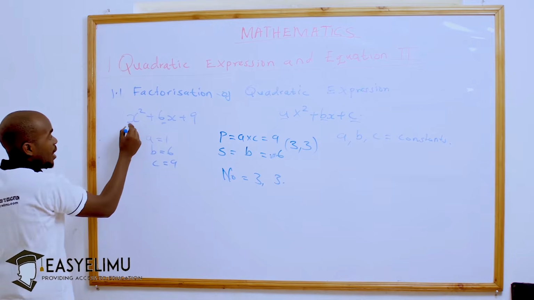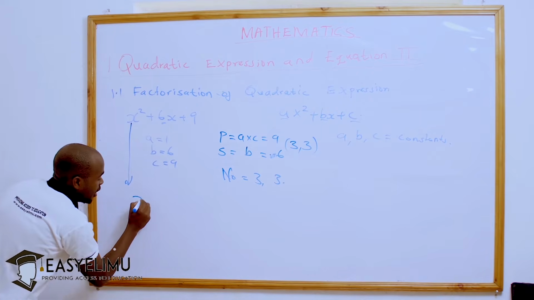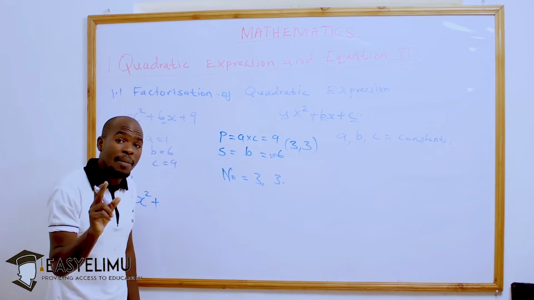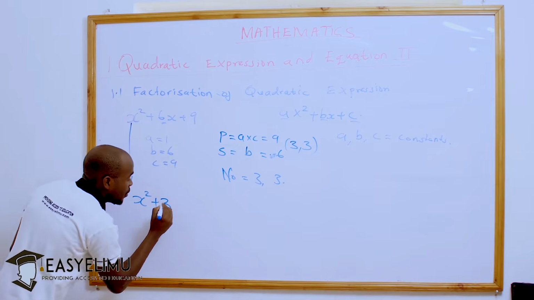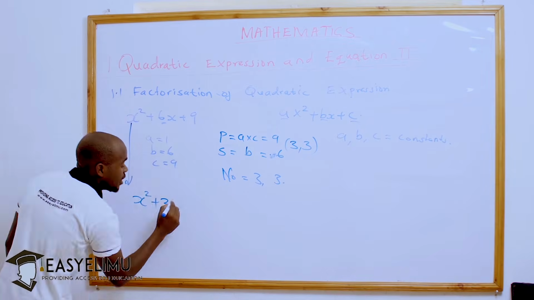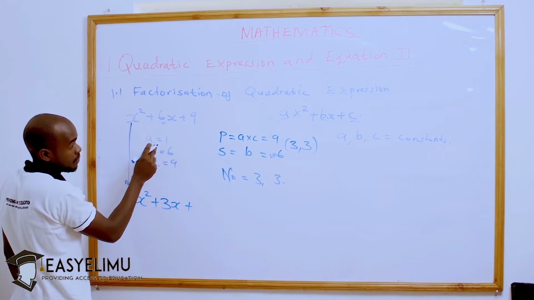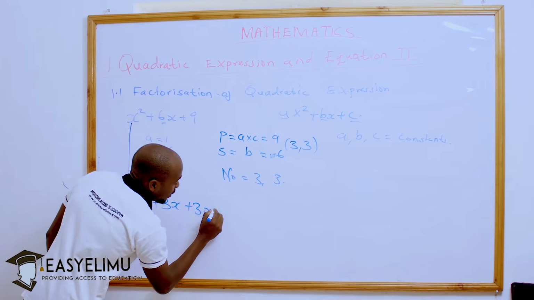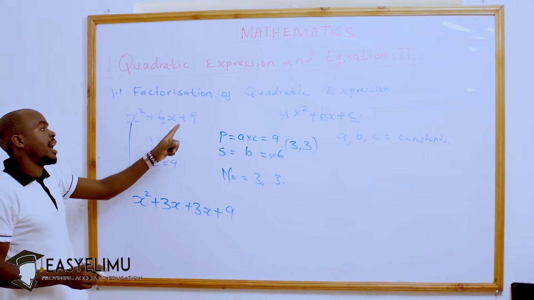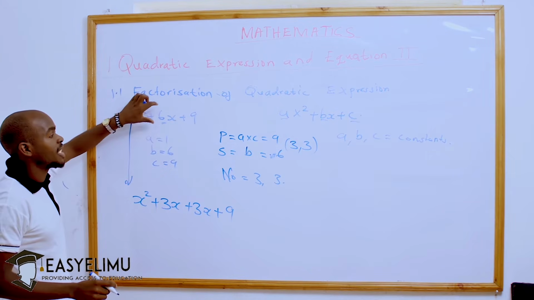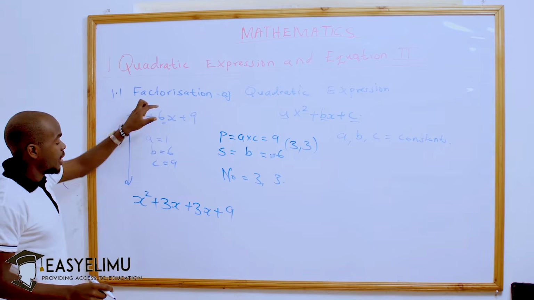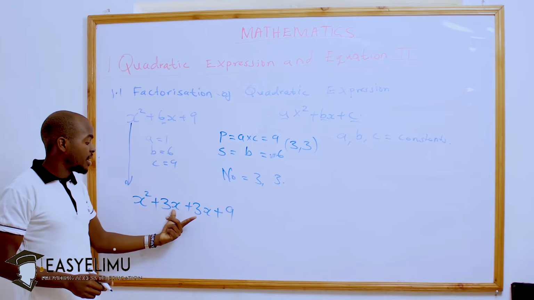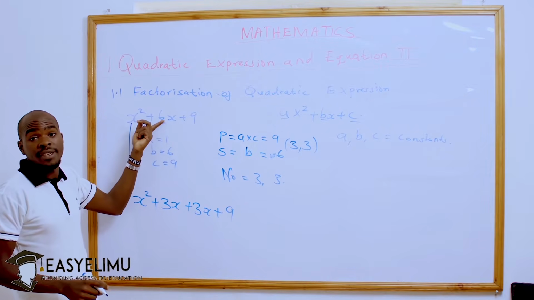I will rewrite that equation as x squared plus 3x plus another 3x, then plus 9. The whole equation remains the same, and only the bx changes. If you take 3x plus 3x, you still find 6x.